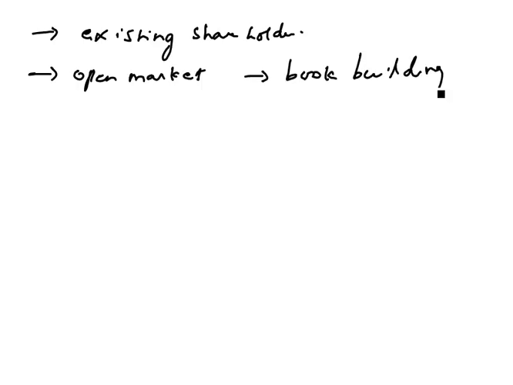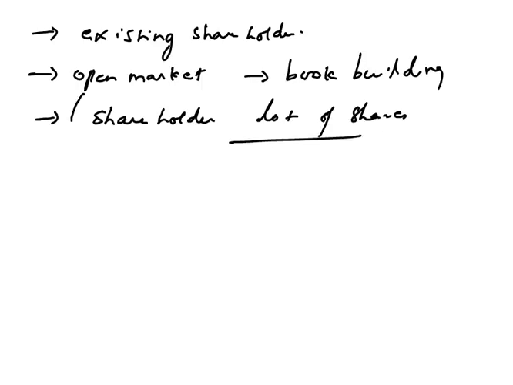Another one is that they can also take away shares from shareholders who hold a lot of shares, and the reason for doing this in the third case is to reduce the control of this particular shareholder. So these are the main reasons why the company will go for a buyback.